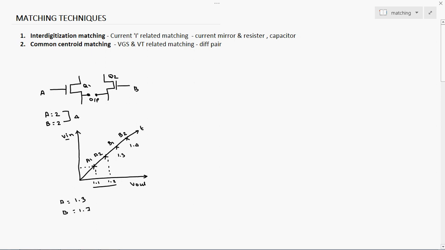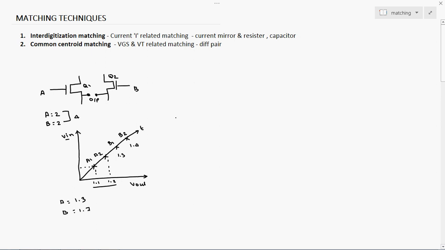If you are giving the input to the B transistor, we get the output after a 1.7 millisecond delay. This difference is not an acceptable ratio. We have to try to reduce the delay between these two transistors, to make them as close as possible. Without matching, if you place the transistors A1, A2, B1, B2 and start your routing, these errors will be introduced.